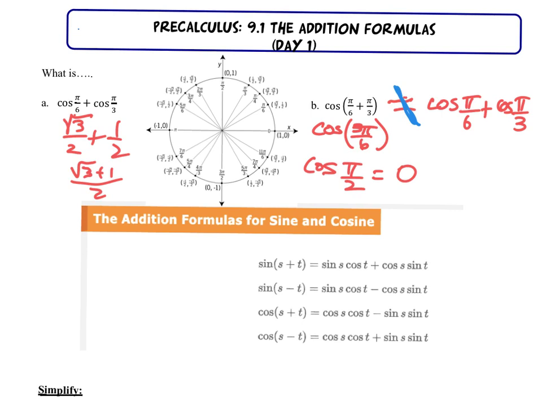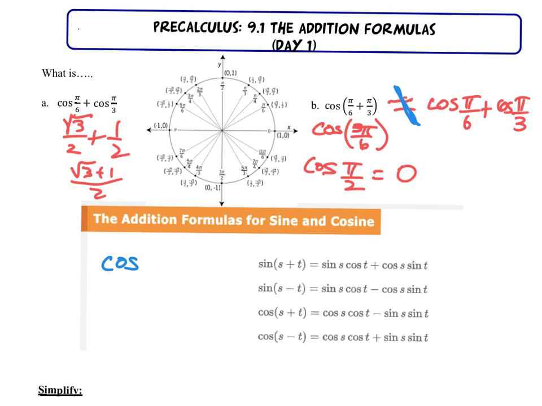So what we have here are the angle addition formulas. So let's check to see. Right here is the one we were doing: cosine of pi over 6 plus pi over 3. According to our rules, it's cosine s cosine t minus sine s sine t. So let's verify that it works.